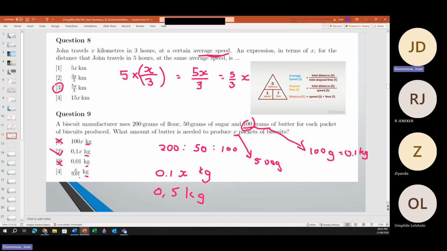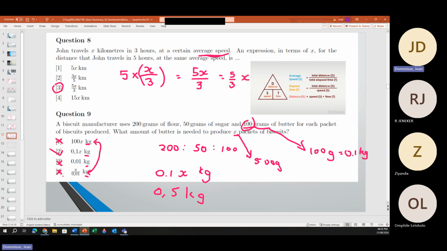And this one, I don't even know what that is. If it was 5 packets, let's quickly work it out: 5 divided by 0.01 gives us 500 again. So that and that is exactly the same, actually. And that is also wrong.